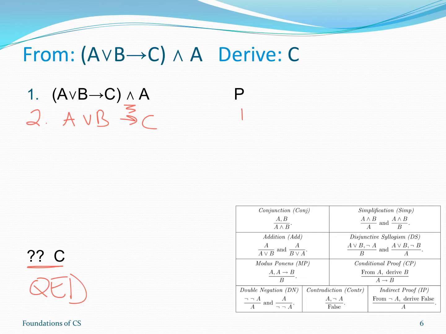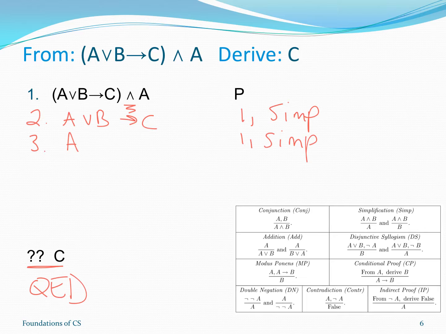So that's based on line 1 and simplification. And similarly, we'll get out the A, right? Based on line 1 and simplification. And now, where are we going? We're trying to get to C, right? And if we look at the problem, we can see that we have this implication, and modus ponens is our friend.